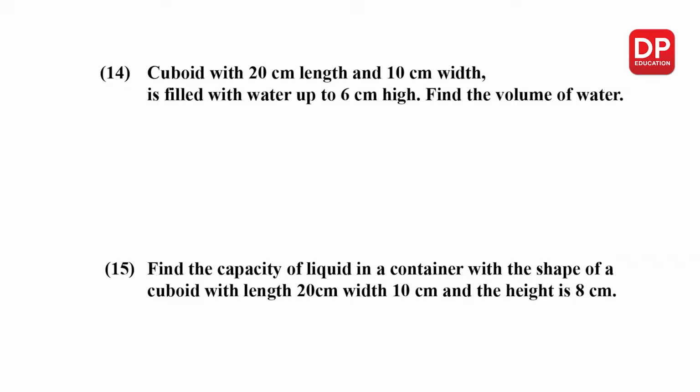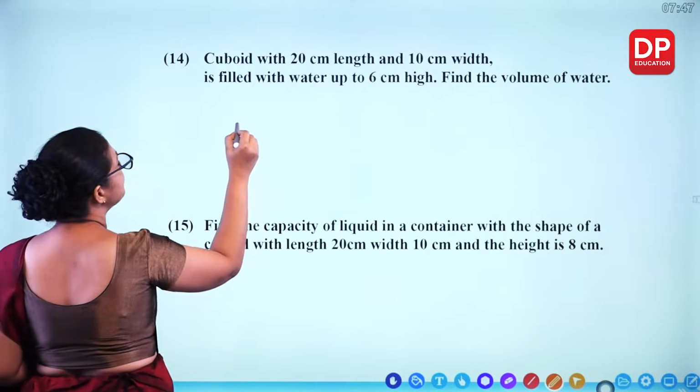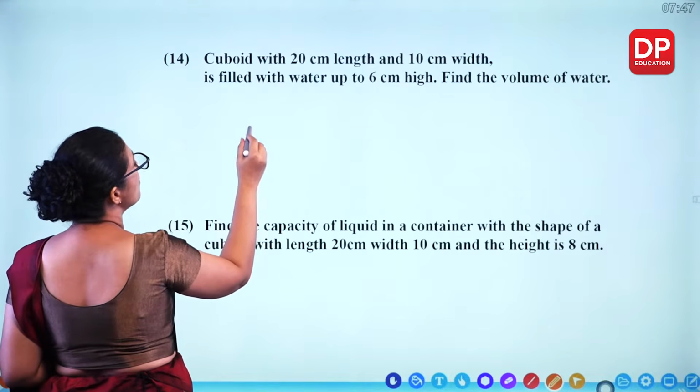Look at this one. A cuboid with 20 centimeter length and 10 centimeter width is filled with water up to 6 centimeter high. Find the volume of water. So this is a cuboid.